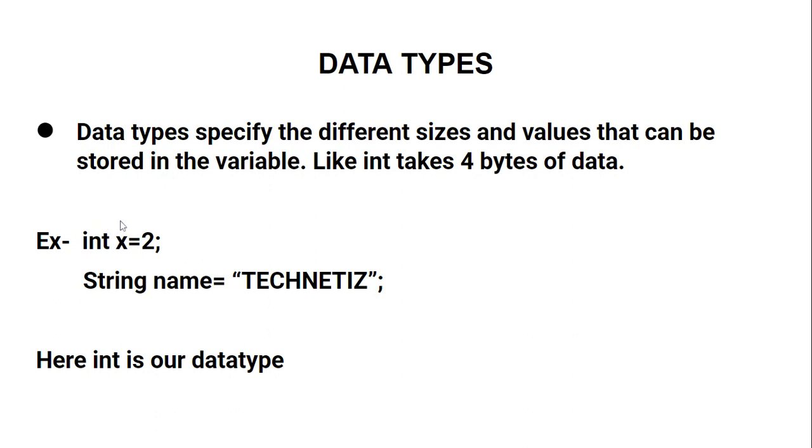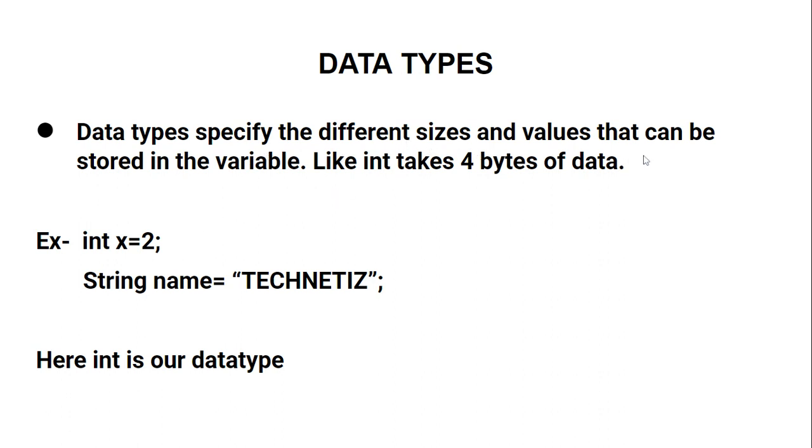That is the data type. Basically, every variable has some kind of data, and that data has some specification, a quality like integer data, floating data, double data, character, string.